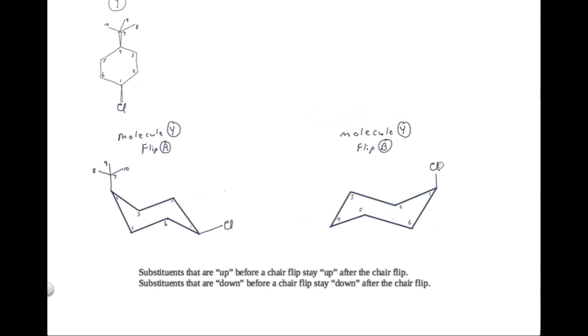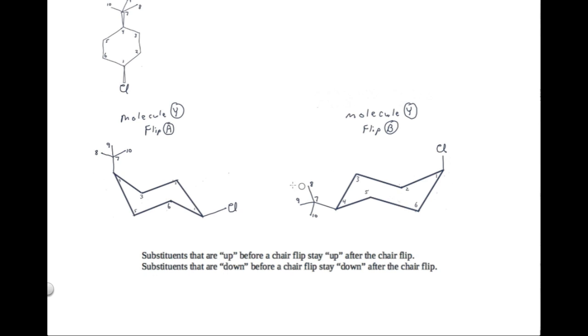Here the chlorine is still pointing up in this chair flip. It went from partially up to straight up. And in this picture, the carbon 7 was pointing up, so it should stay pointing up in this picture. Carbon 7 pointed up in this picture, so carbon 7 is still in the up position after the chair flip. It went from straight up to partially up.